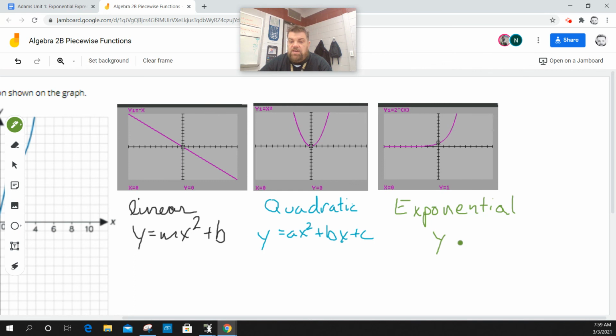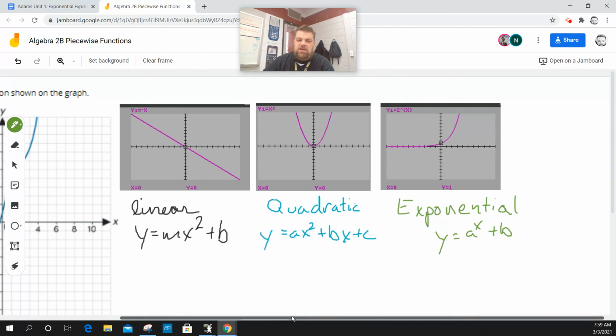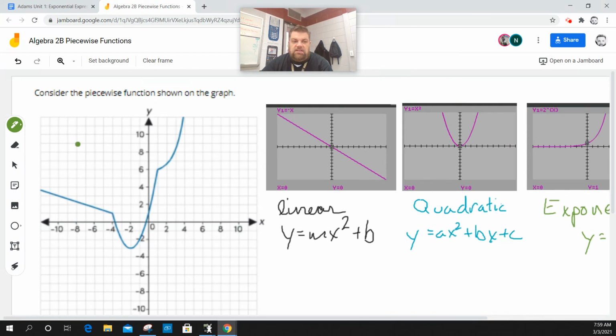And so that looks like y equals a to the x plus b, okay? Or some variation of that. And so what we're looking for in our parent function, as you could see, this part here, from here to here, is the linear part.